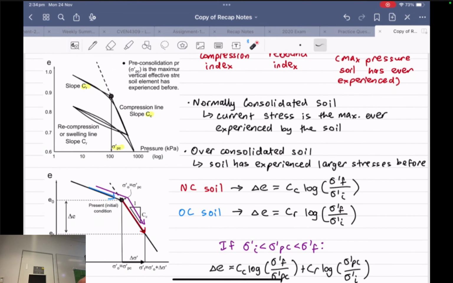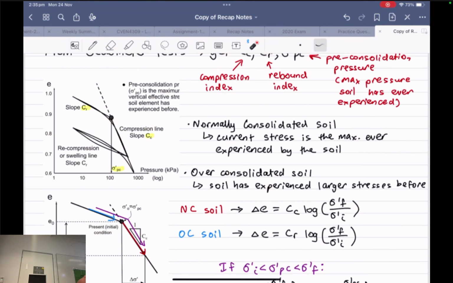So delta E is equal to CC log sigma dash F over sigma dash I. What this means is, imagine you're calculating delta E, that's just the difference in void ratio. So you're calculating the difference in vertical. That's equal to the gradient, which is CC or CR, times the difference in X. It's like when you do linear equations, y equals mx, right?